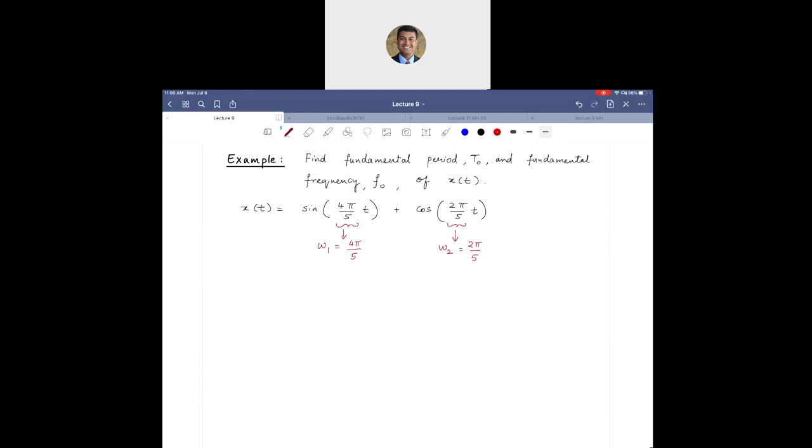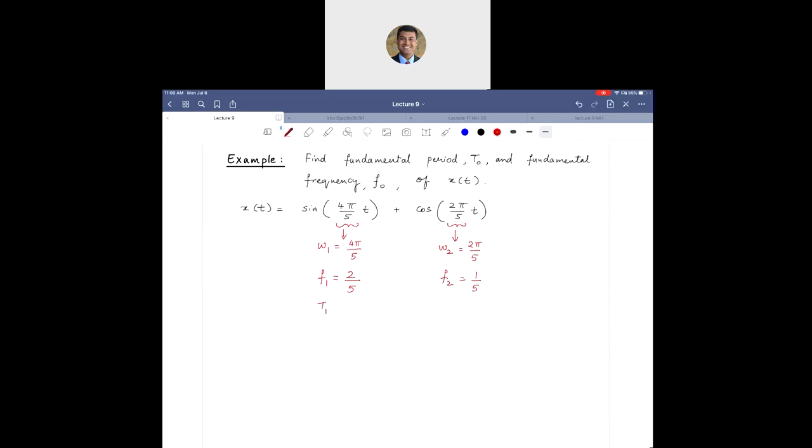Sine omega t is sine 2 pi f t, so mixing them both here. What is F1? F1 is omega divided by 2 pi, so 2 divided by 5. F2 is going to be 1 divided by 5.